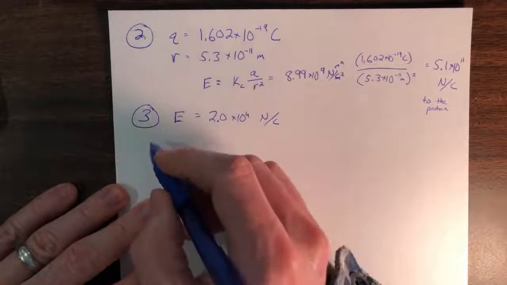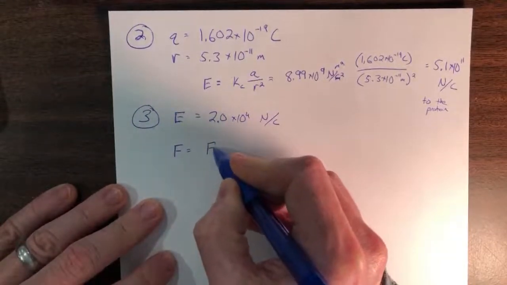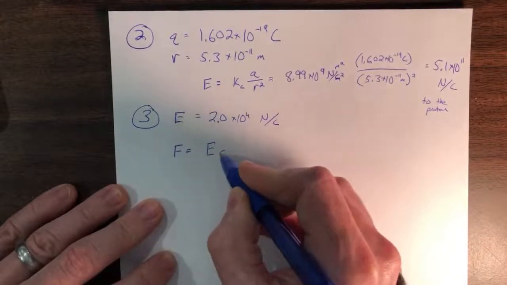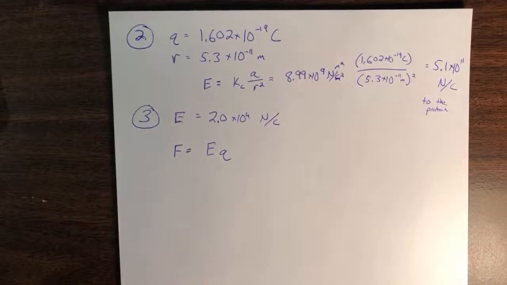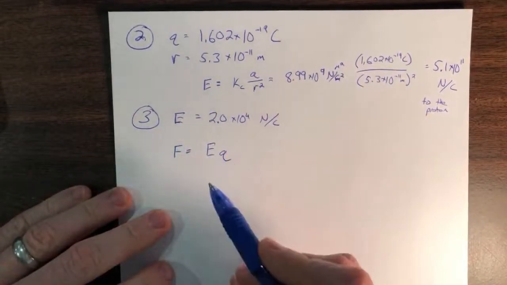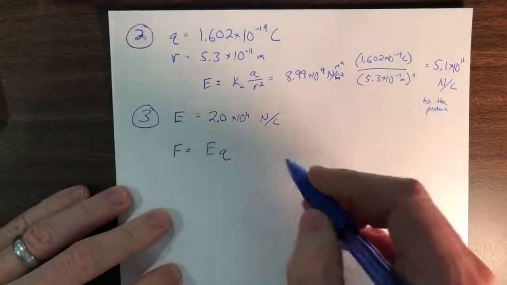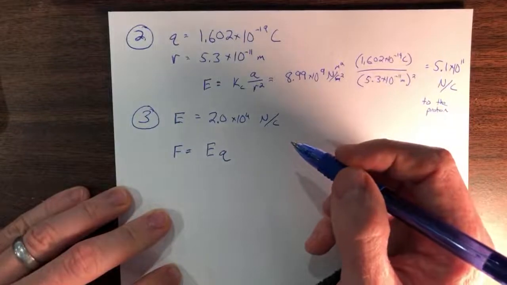And so if you want to calculate the force within a field, it's simply going to be the electric field times the charge. And that's it, okay? It's going to be the strength of the electric field times the charge. And so we can go ahead and do A and B. They're going to be the same numbers, and they're just going to go in different directions.